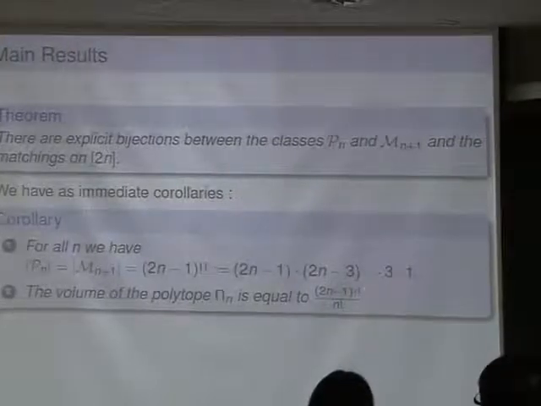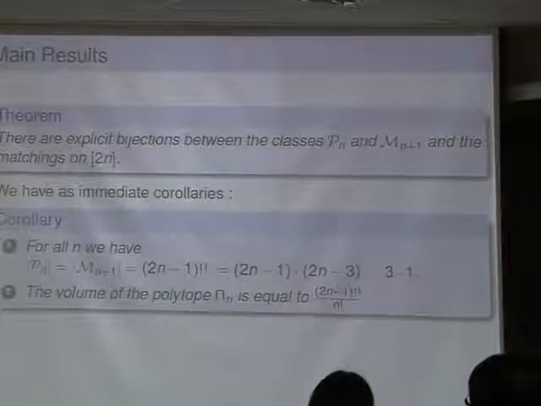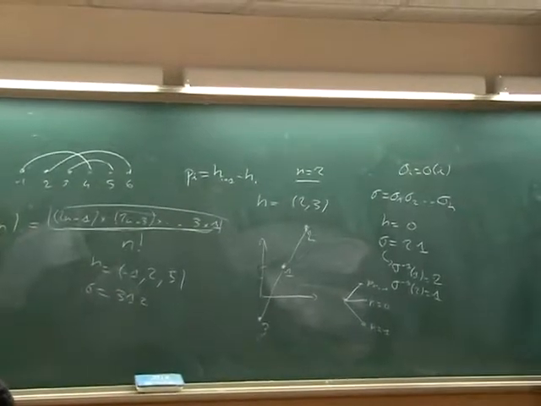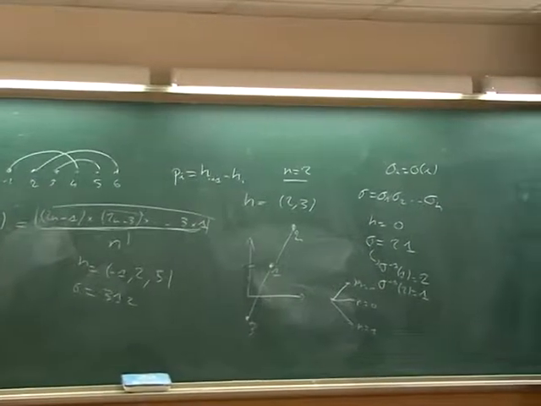The double factorial 2n minus 1 is a short way to write this expression, because you take one out of 2 integers each time.